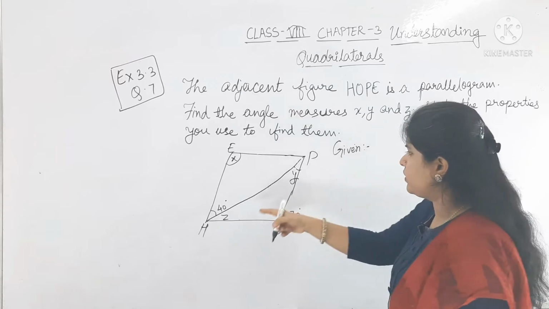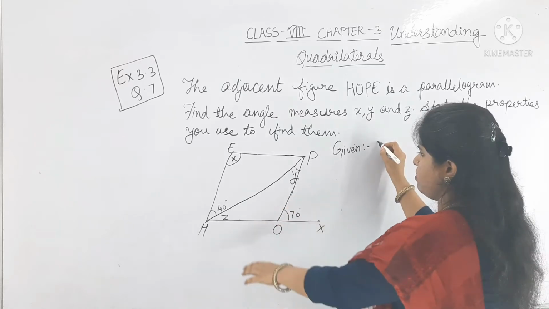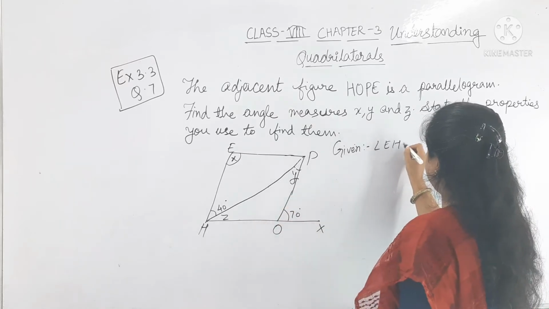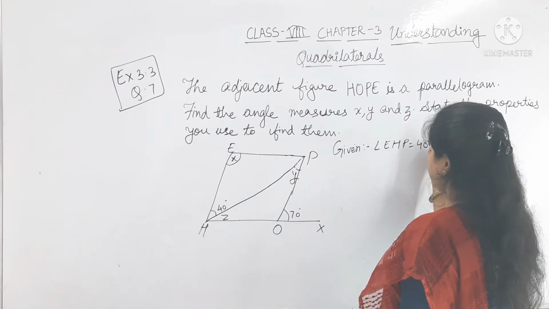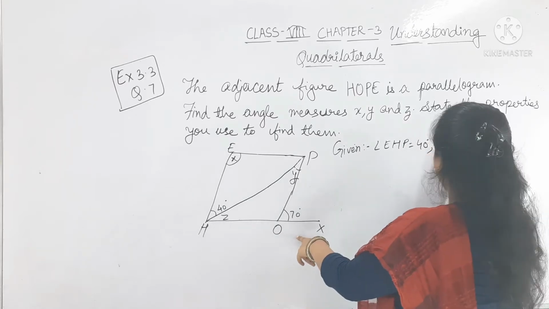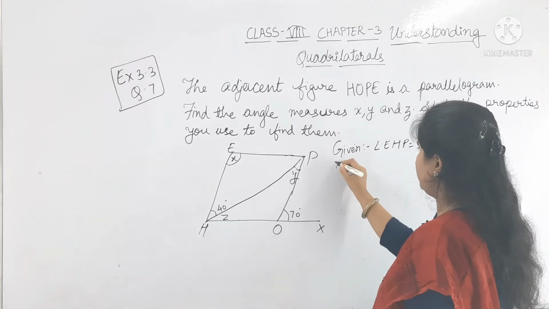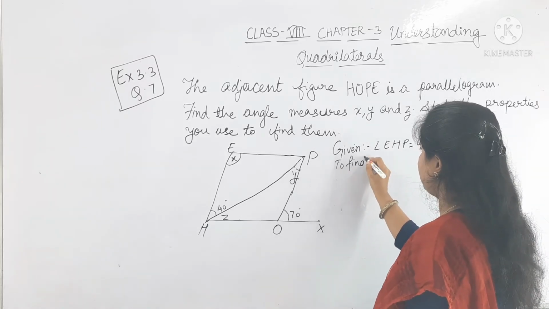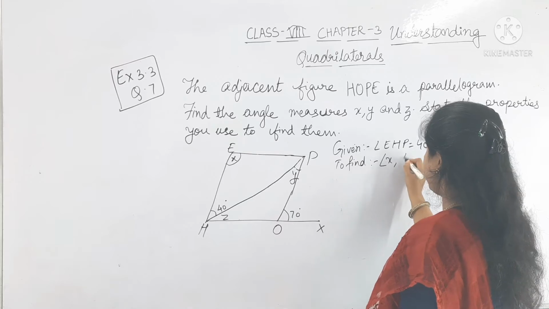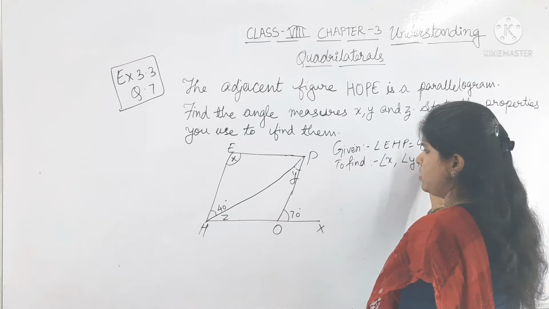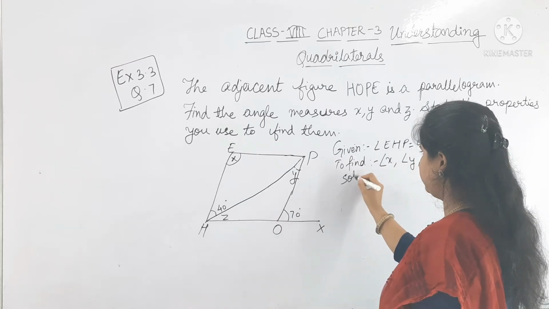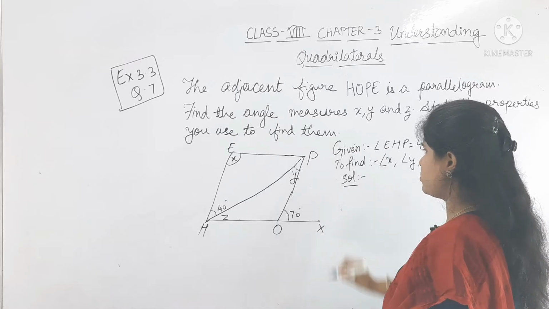Given, what is given here? Angle EHP is equal to 40 degree, angle POX equal to 70 degree. We have to find angle X, angle Y and angle Z. Here is the solution.